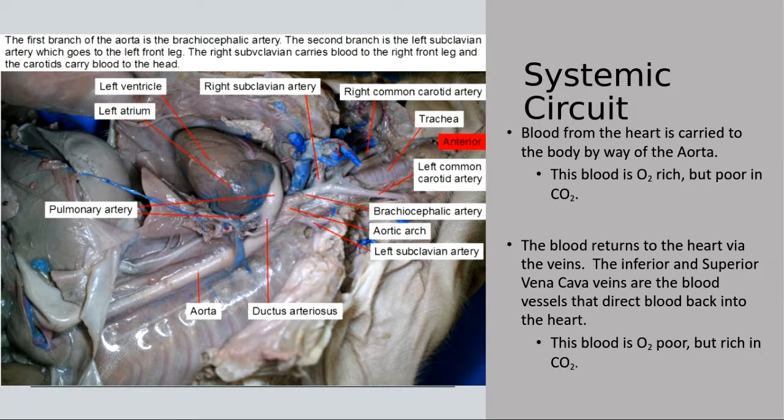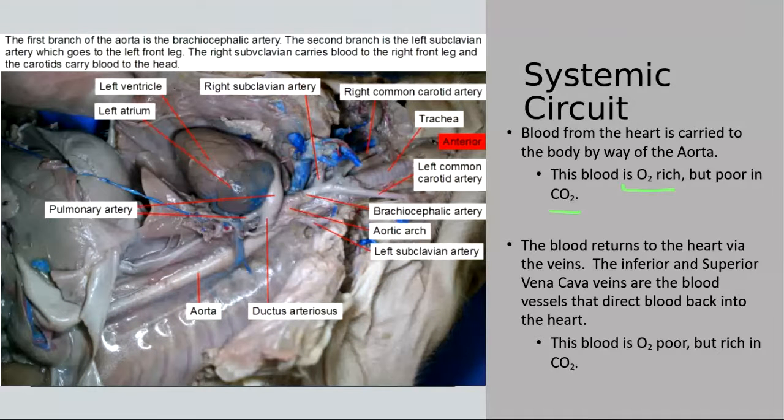All right, so the systemic circuit, right? The blood is being taken from the heart to the body, and then from the body to the heart. This blood that goes out of the heart has to be oxygen rich because it's already gone through the pulmonary circuit, and therefore carbon dioxide poor.